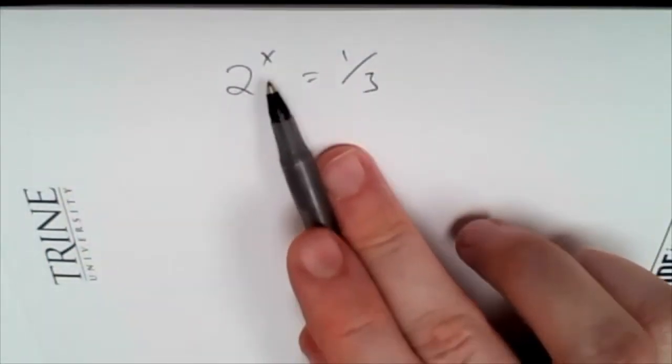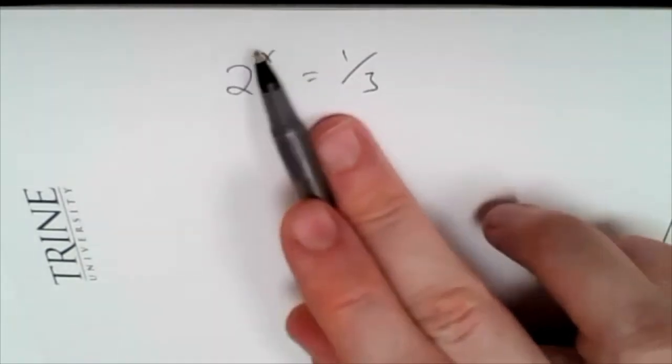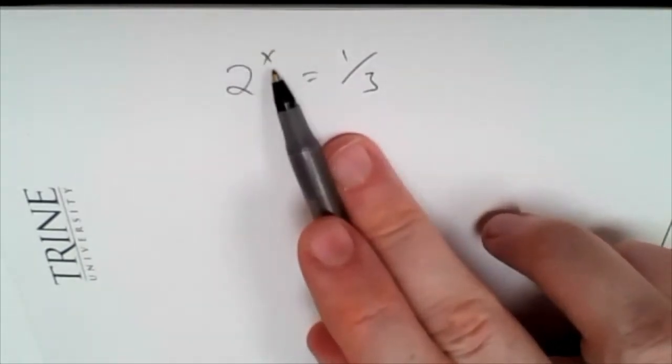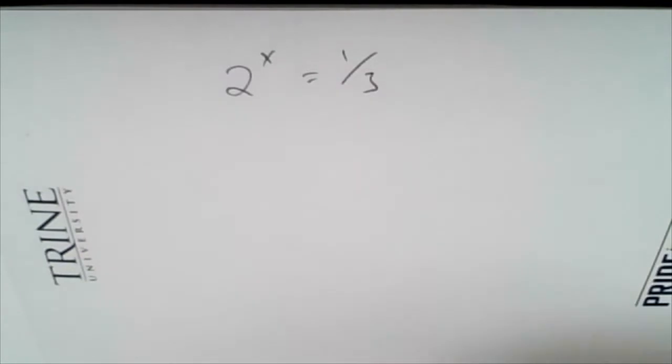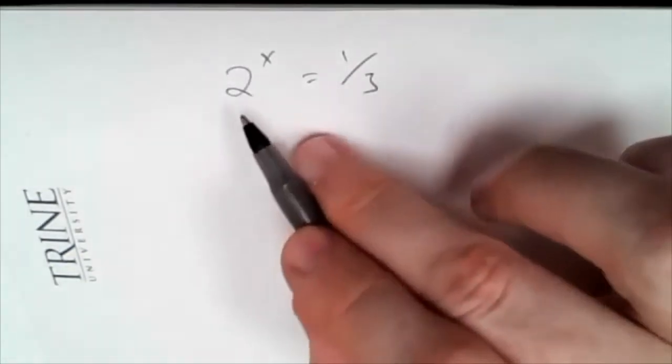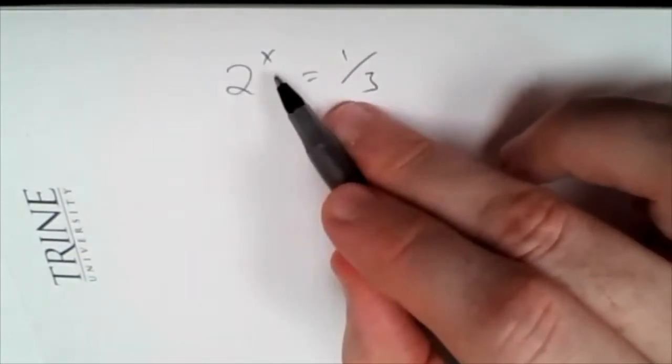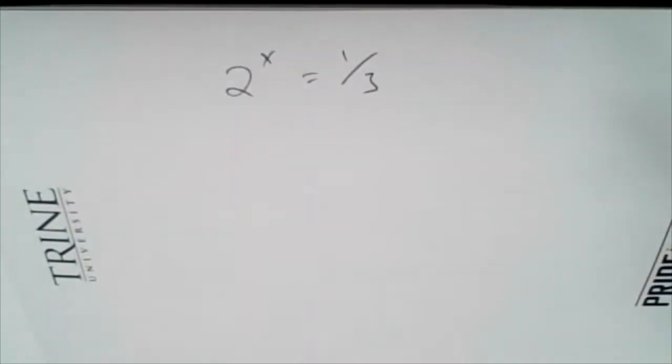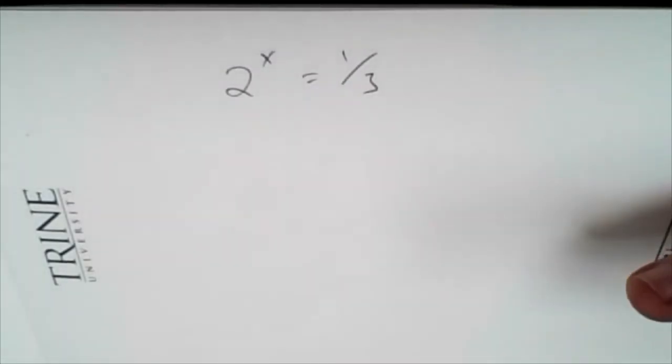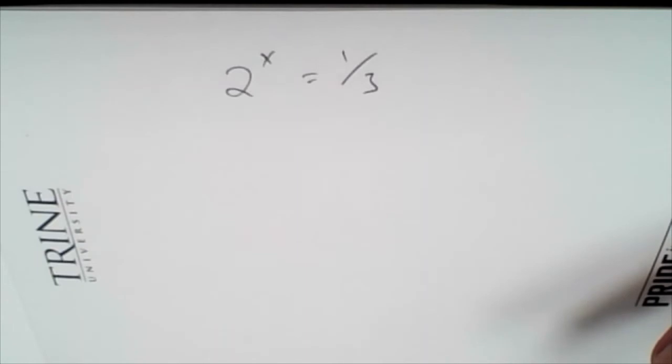Since I have this exponent, and I'm trying to solve for the value of x, I need to undo the exponentiation operation. The same way that subtraction undoes addition, and the same way that division undoes multiplication, logarithms are the operation that undo exponents.